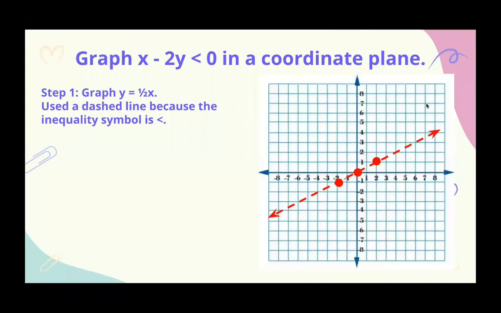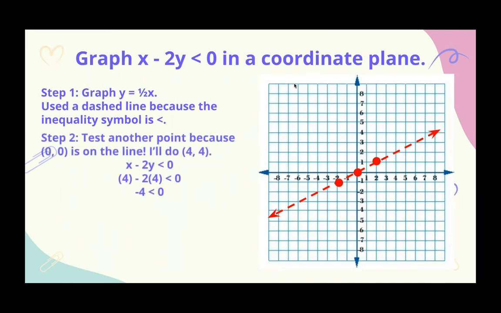Now that you have your line graphed, you can go ahead and test a point. Now in this case, I'm not going to be using 0, 0 because it lies on our boundary line right here. So we have to use some other point that isn't on the boundary line. I'm going to go ahead and do 4, 4.